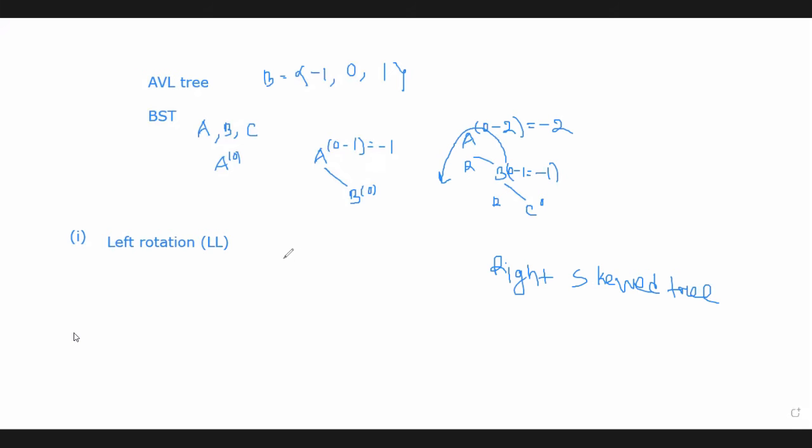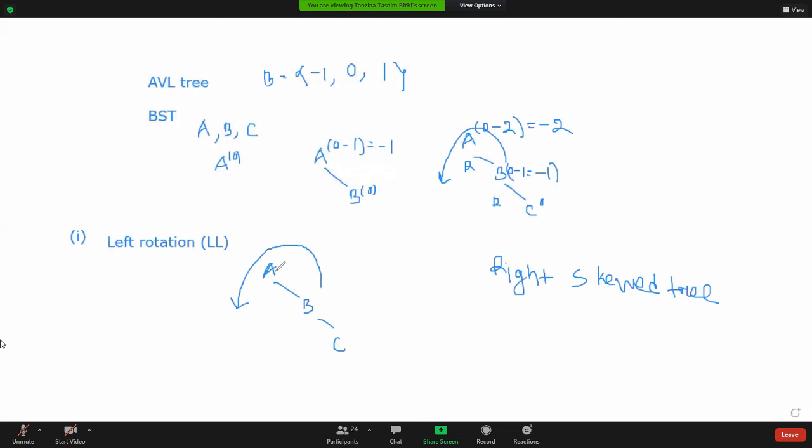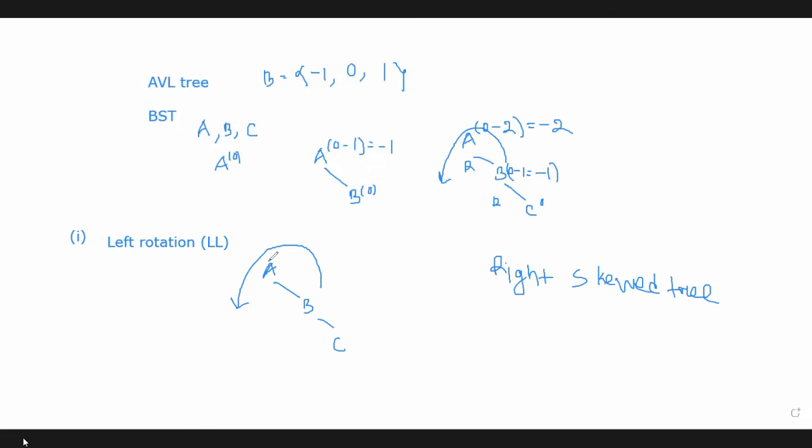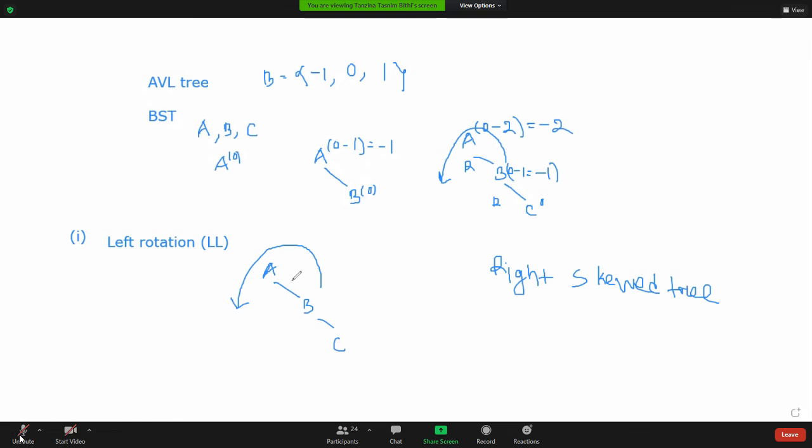This is our tree. I'm writing the structure here again: A, B, and C. Left rotation means some nodes from this side will be taken to the left subtree. The first node is A, so A should be taken to the left subtree. After removing A from the root, which one will be added at this level, B or C?